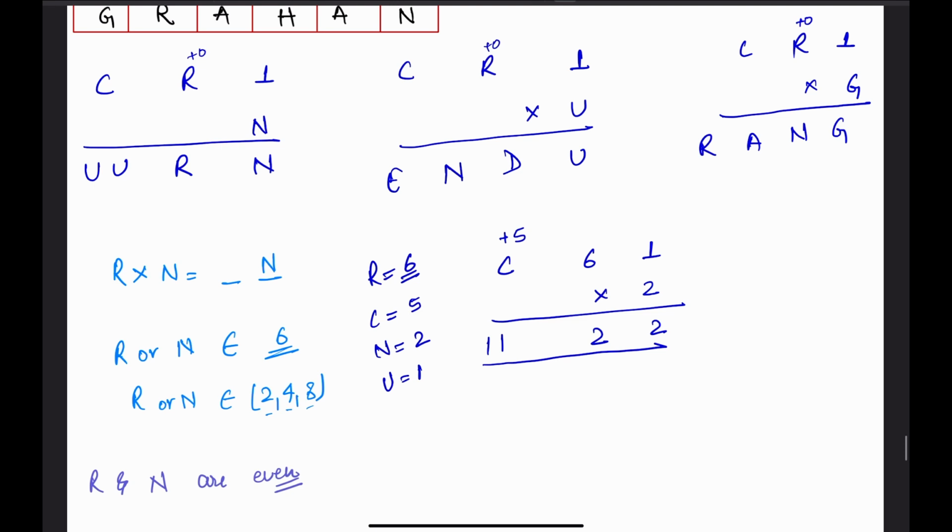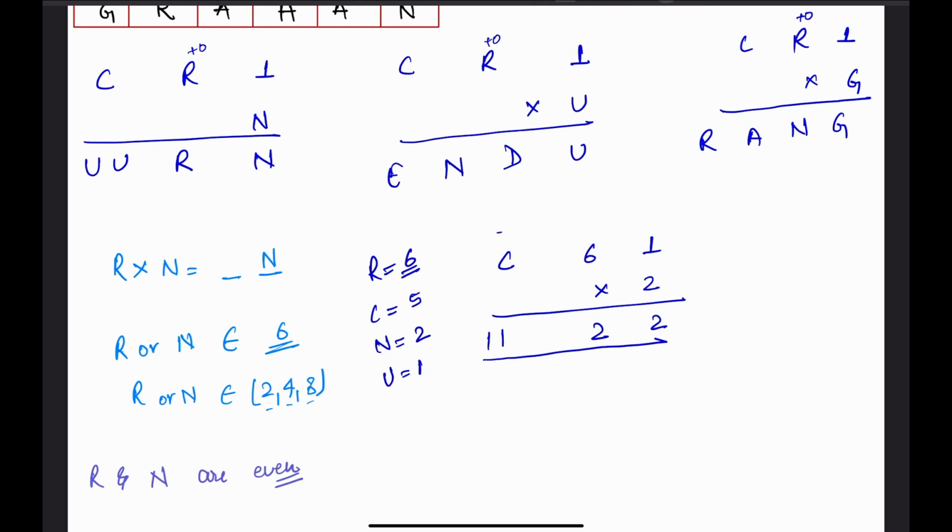But again, because 6 twos are 12, so plus 1, plus 1 over here, plus 1 over here. So what should be the value? Here it should be symmetrical, so the only value is equal to 5. So if my c equal to 5, my u will be equal to 1.